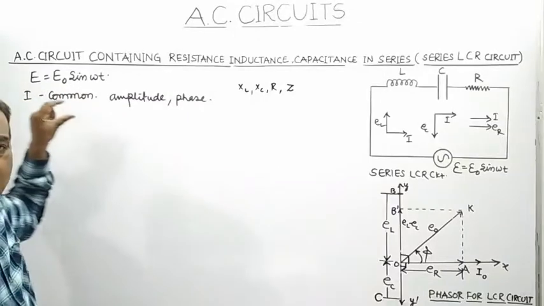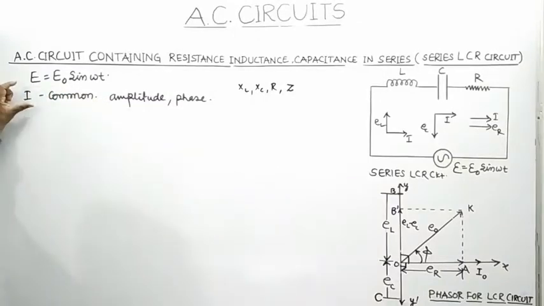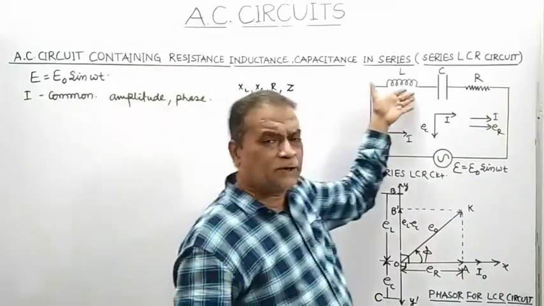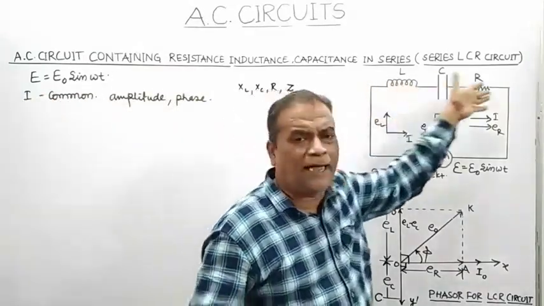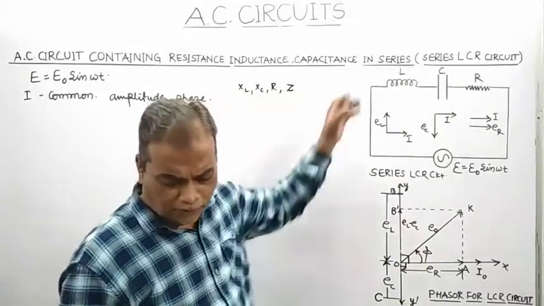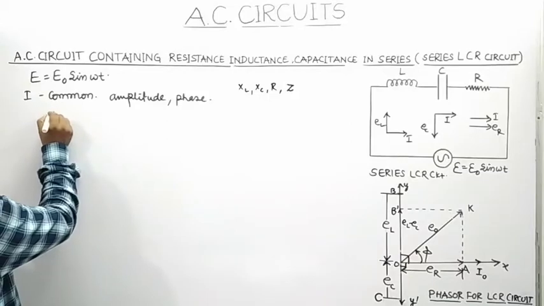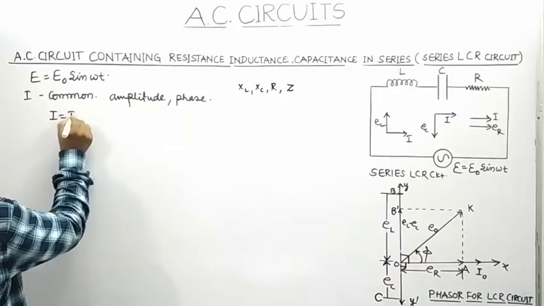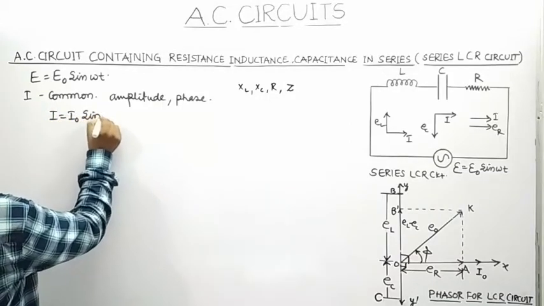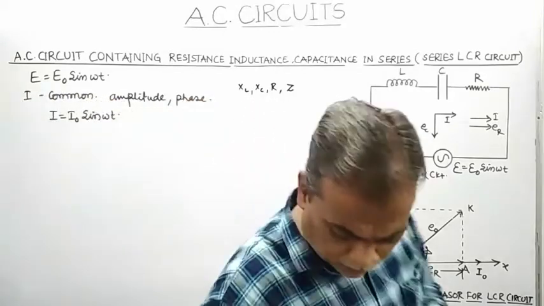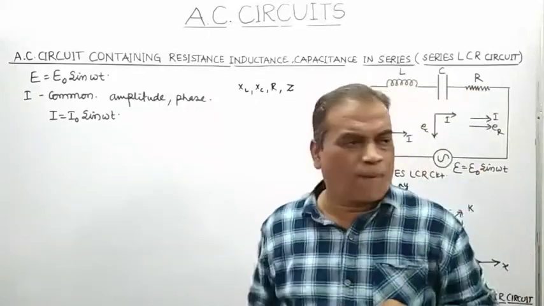As far as that instantaneous alternating current is concerned, both its amplitude as well as phase will be the same through L, C and R. Let the current flowing through series LCR be I equal to I0 sine of omega t.